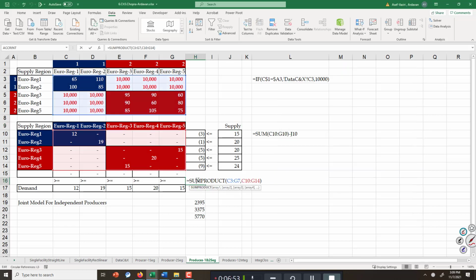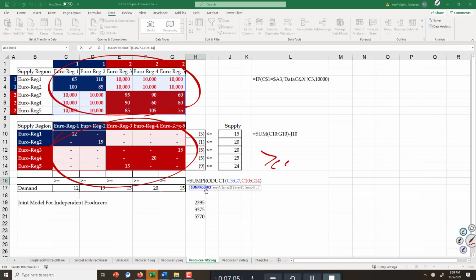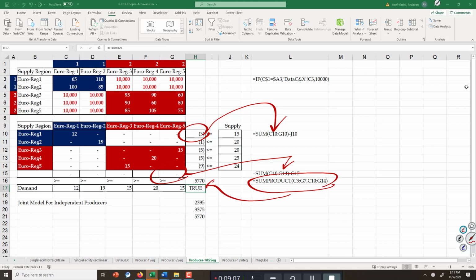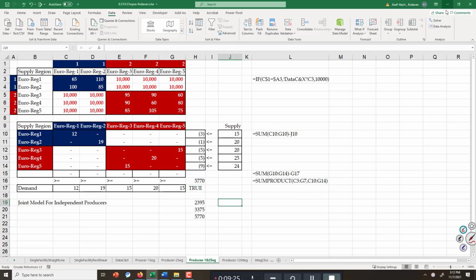What is this value? The sum product of all cost elements by all decision variables, no matter if they can be greater than or equal to 0, like here and here, or they must be equal to 0, like here and here. And the formula for this one is here, and the formula for this one is here, and this is the objective function formula.